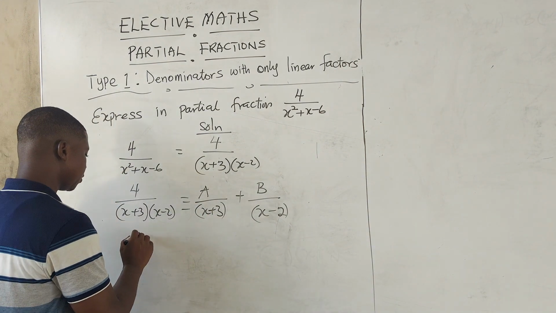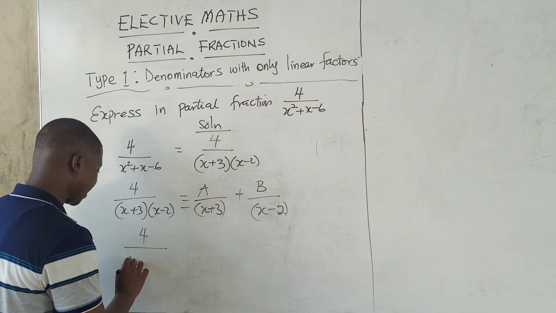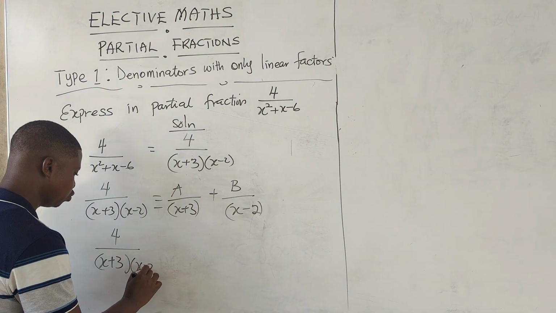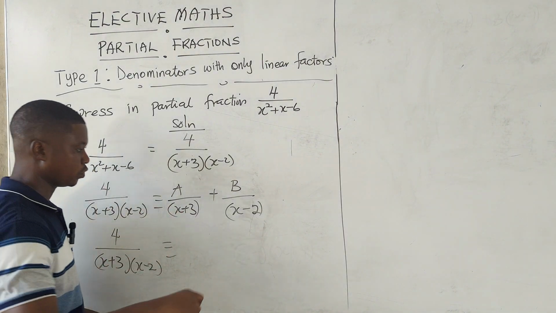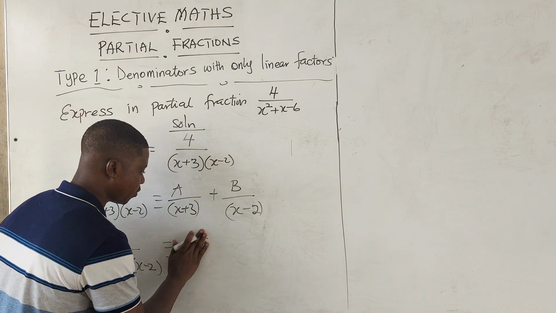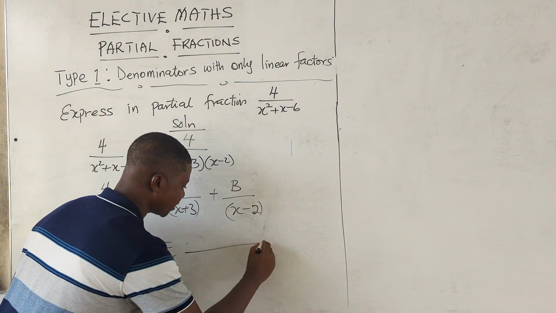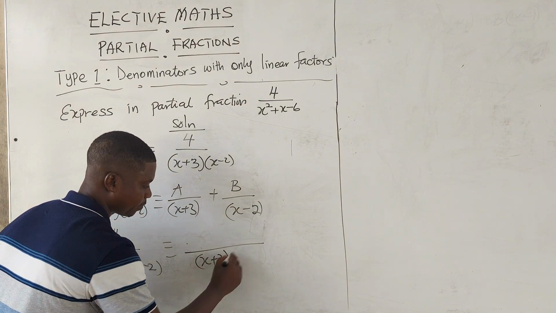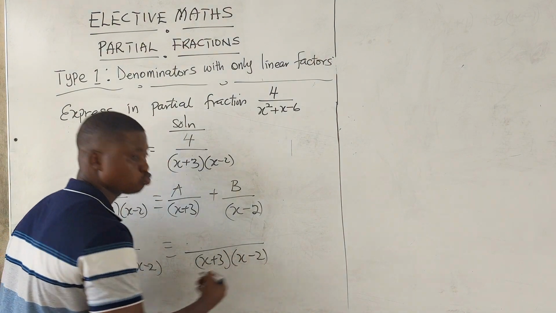So 4 out of (x plus 3)(x minus 2) is equivalent to A into bracket x, let me find my LCM first. That's (x plus 3)(x minus 2).